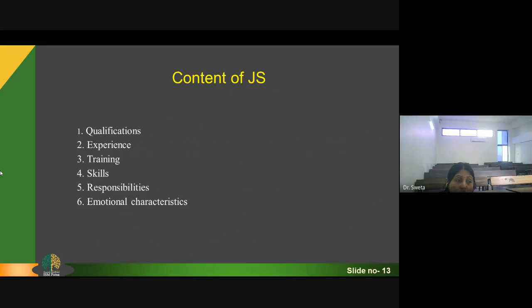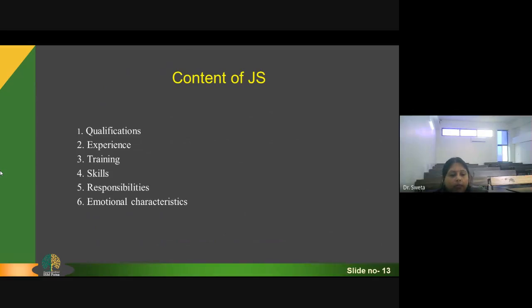That will be qualifications, what kind of experience we require, training, skills, responsibilities, and any emotional characteristics, if required in the job, need to be mentioned in the specification part.